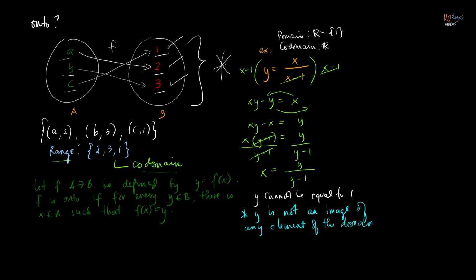It means to say that you cannot choose any number in the domain to substitute for x in this function such that the value of y will be equal to 1. So therefore, 1 is in the codomain, but 1 will not be in the range of the function. Therefore, the function is not onto.